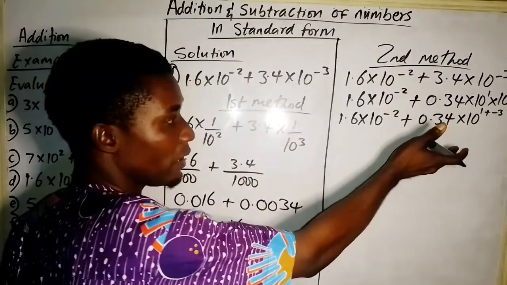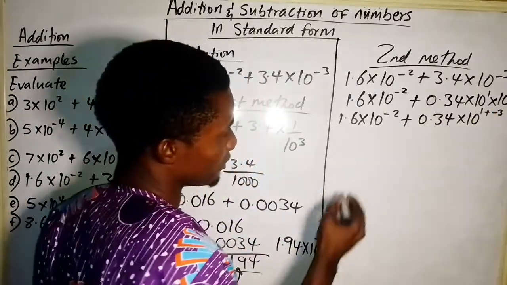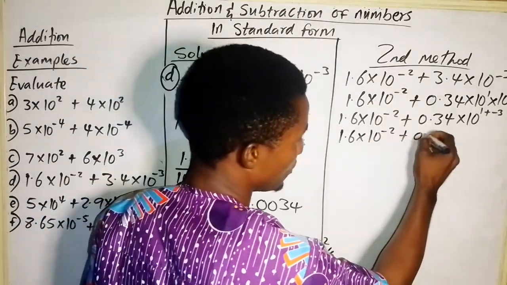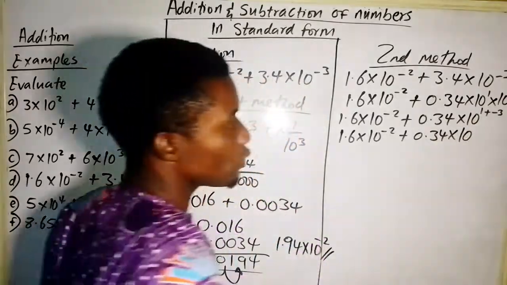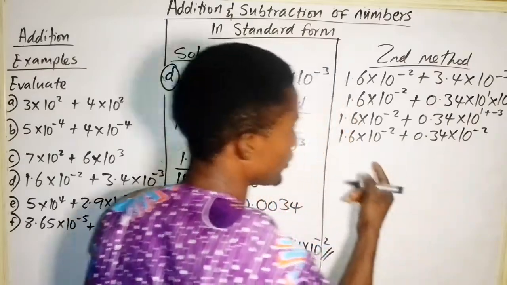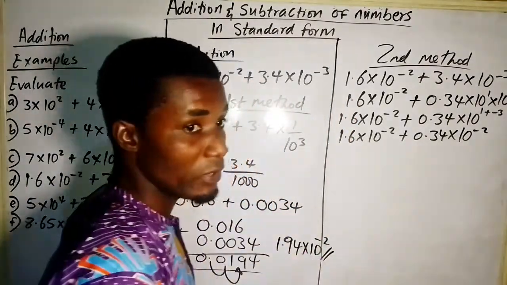Now we apply our multiplication law in indices. Plus 1 plus minus 3 is going to give us minus 2.